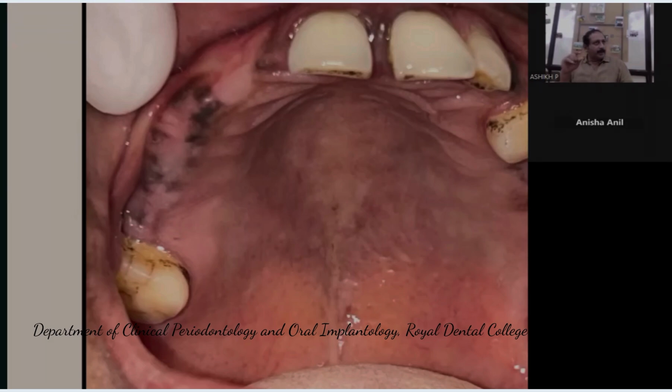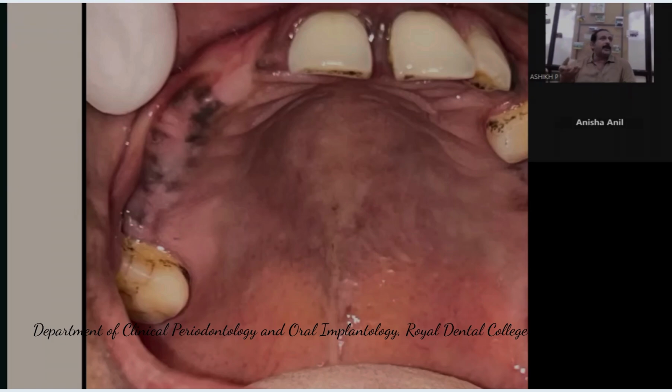So 2 millimeters of bone is to be spared. Then the radius of the proposed implant, not the diameter, radius. If you're planning for a 3.75 diameter implant, roughly its radius will be around 2 millimeters, right? So 2 plus 2, 4 millimeters away from the natural tooth should be okay.